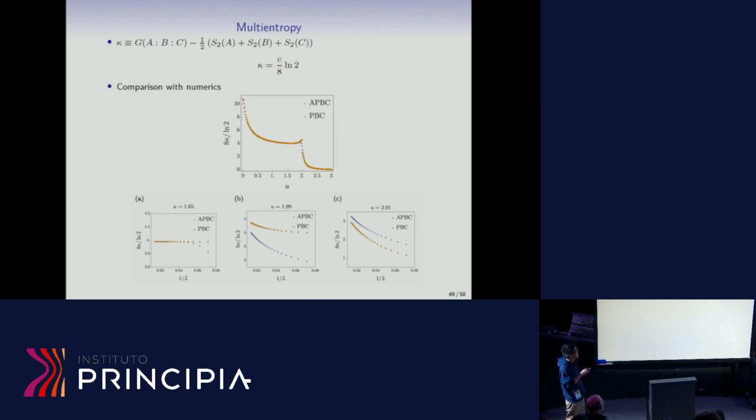And this extrapolated value is very close to this expected number. We didn't check very carefully, but here it's largely system size independent. So it's as if it's always system size independent, but only this value is different.